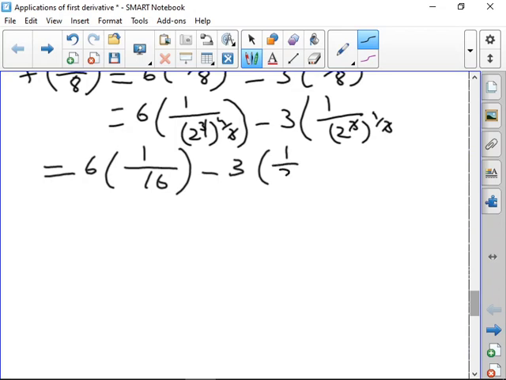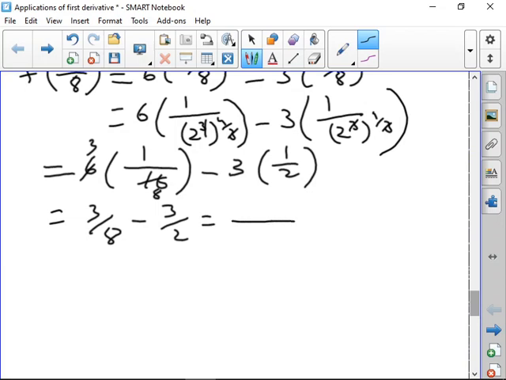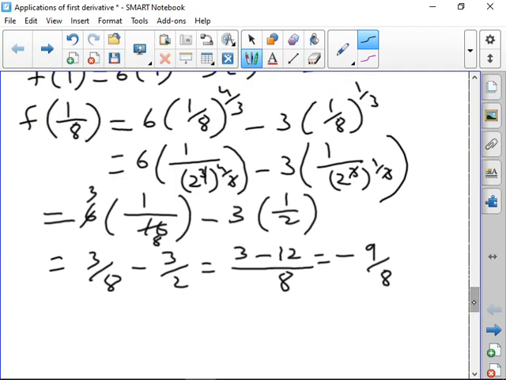So it is 3 by 8 minus 3 by 2, take LCM, 8 is the LCM. So 3 minus 12, it is equal to minus 9 by 8. So what all the values do we have now? We have 0.